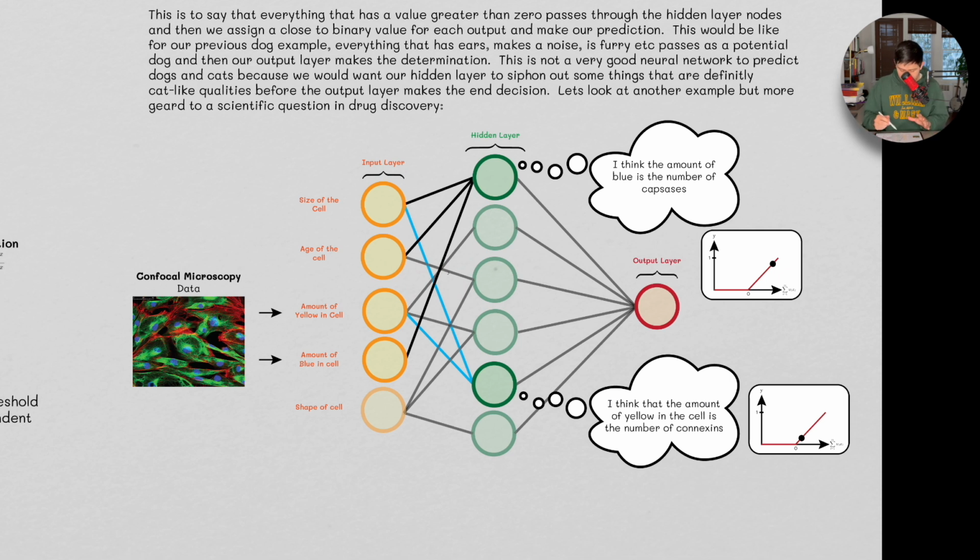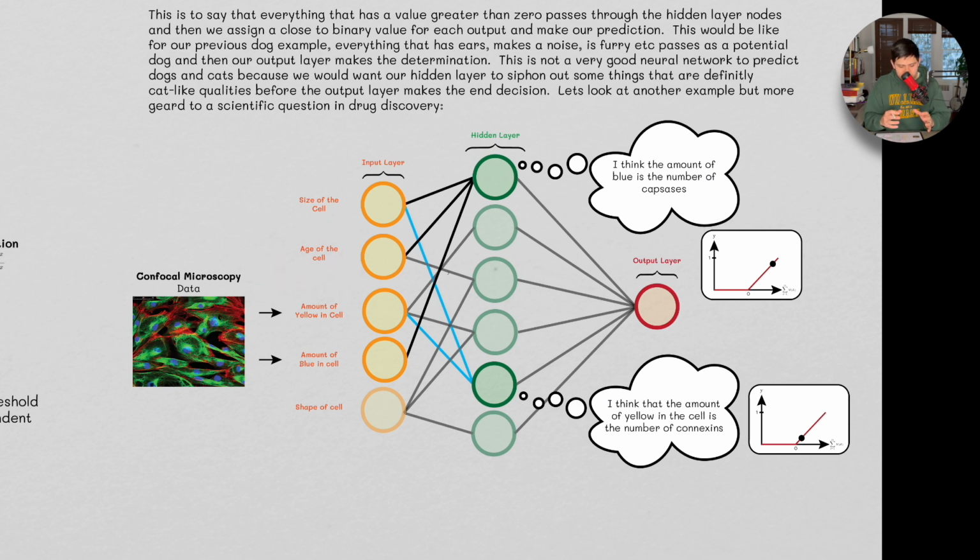What actually happens is that one of these hidden layers is going to take, say, for example, the size of the cell, the age of the cell, and the amount of blue in the cell, and say, well, I think the amount of blue is the number of caspases, okay? So we can say the caspases get expressed as a function of the size of the cell. Perhaps if the cell is too small, they don't get expressed.